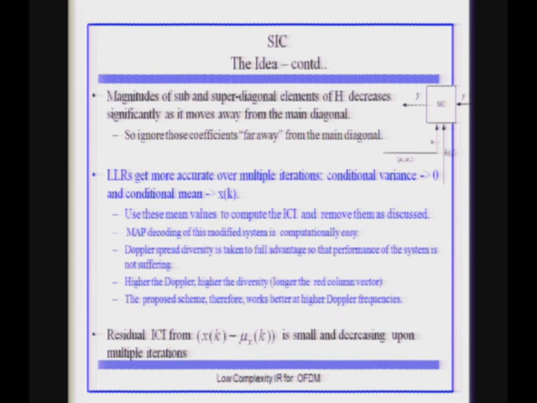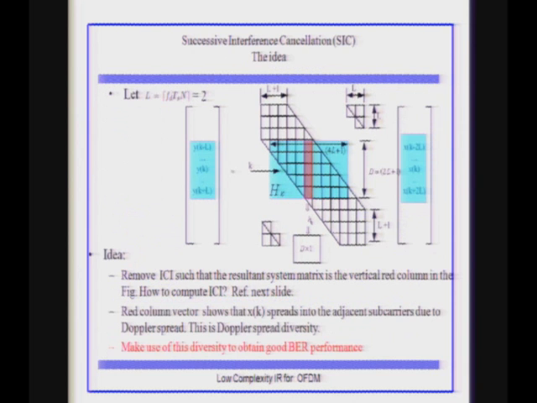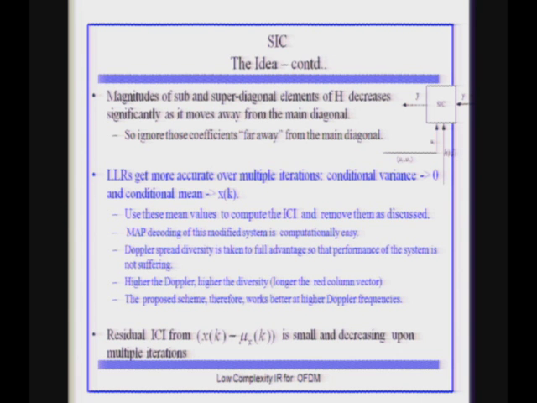So what did we see? We just discussed this: the coefficients that are far away from the diagonal, and then we do this. This is a significant thing.